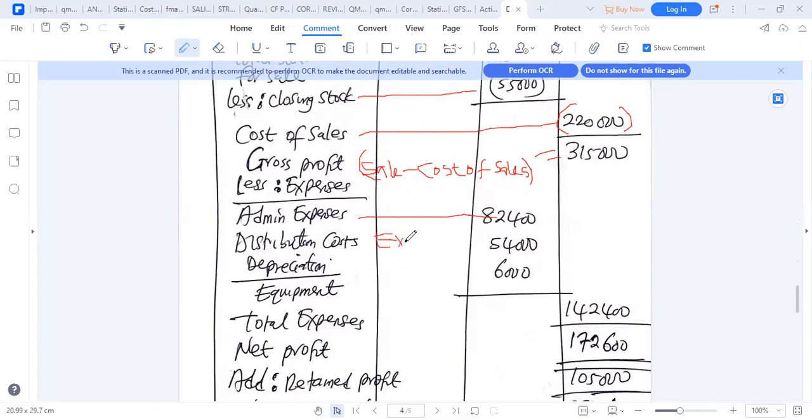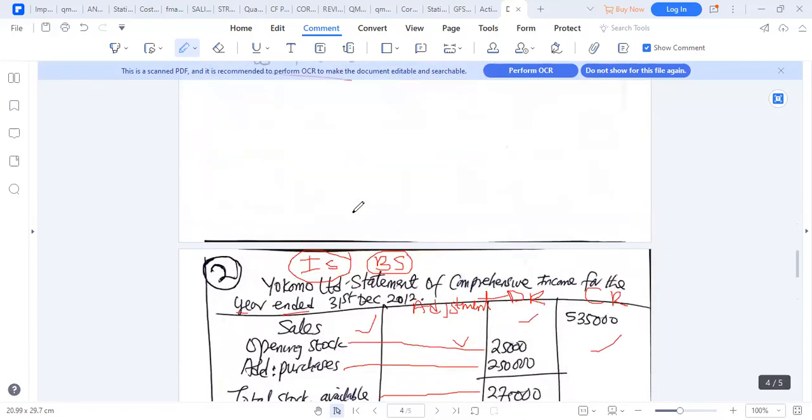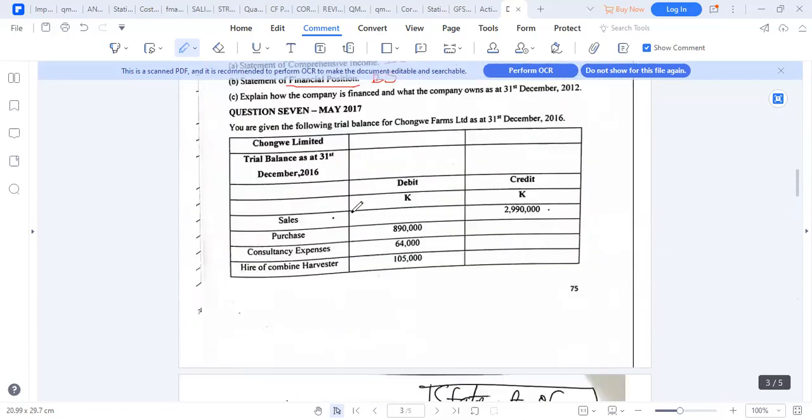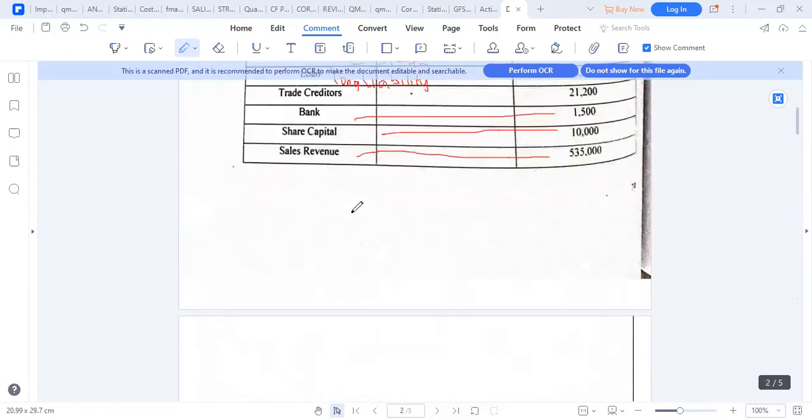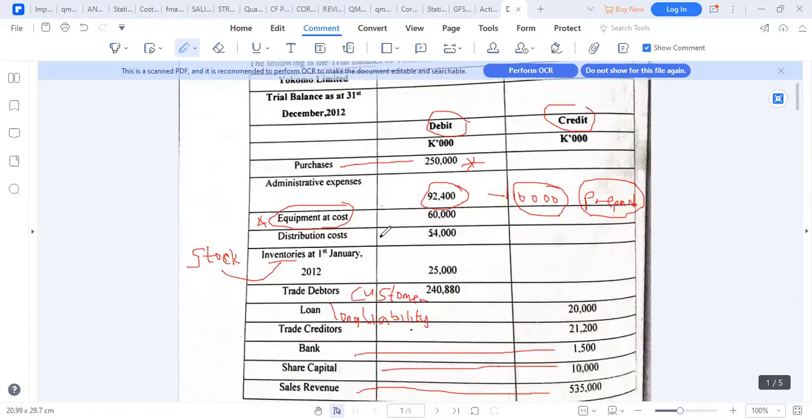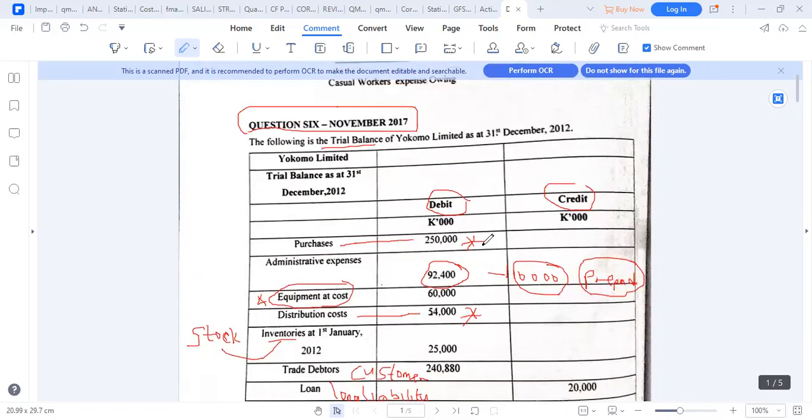Please, if you are behind, let me know so that we can run you through. The distribution costs, you will check from here. They are here: 54,000 as distribution cost. I'm supposed to make sure that all entries in this question are considered. So the cost of distribution is 54,000.